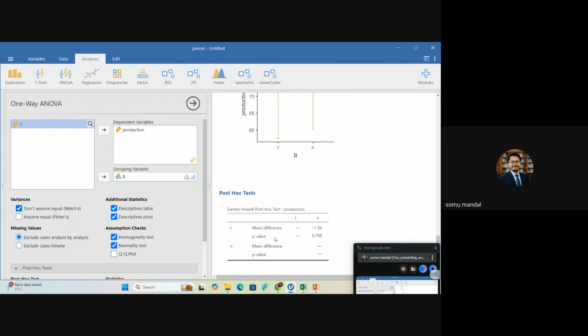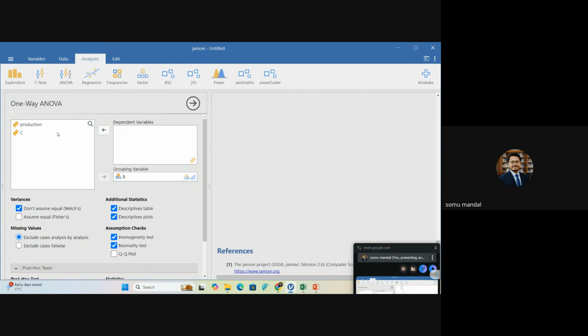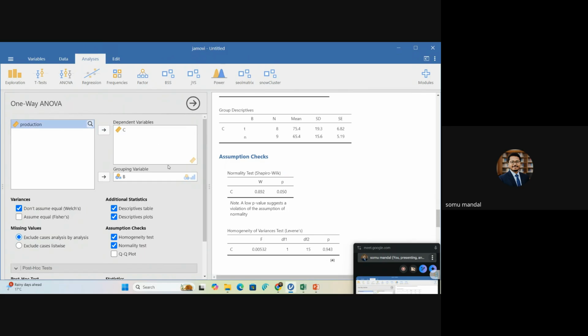This particular result indicates that there is no significant difference. This particular test also finds a similar kind of result. This is the group data: the mean value is 75.4, standard deviation is 19.3. What is meant by standard error?